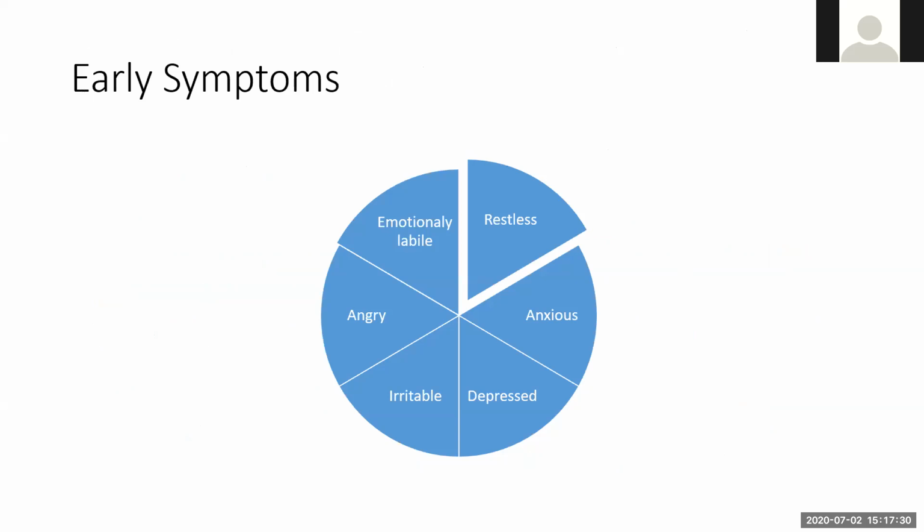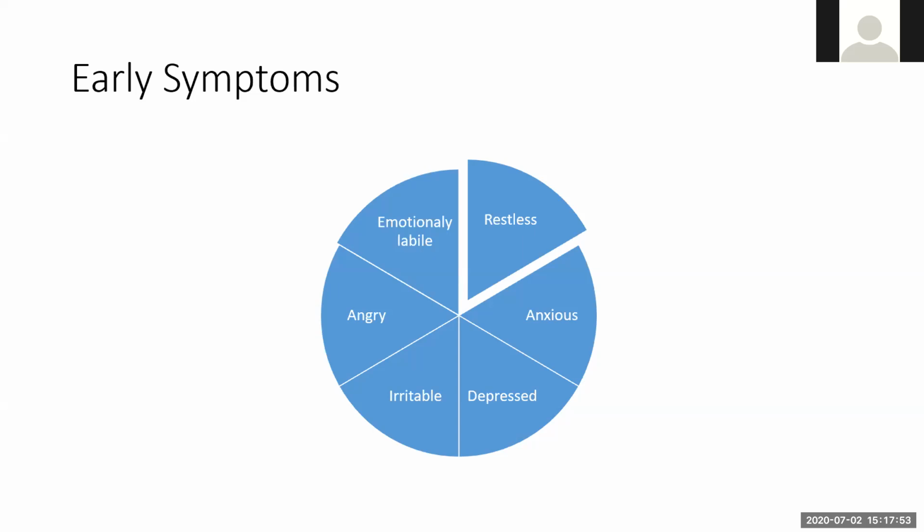Like you were putting in some points into the symptoms, restlessness is definitely one of the most prominent things that we see. Anxiety, irritability, anger, depression, and these patients are more emotionally labile.